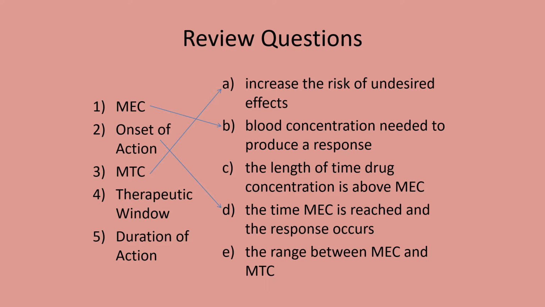Therapeutic window: that one is the range, right? So you want to stay above MEC, but below toxic concentration. And then lastly, duration of action: the length of time drug concentration is above MEC.